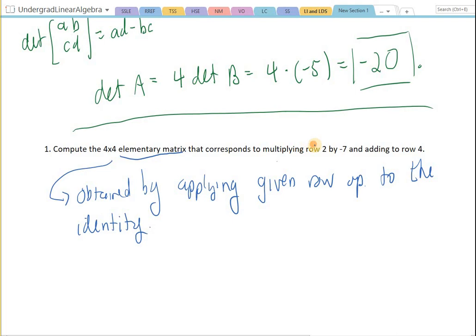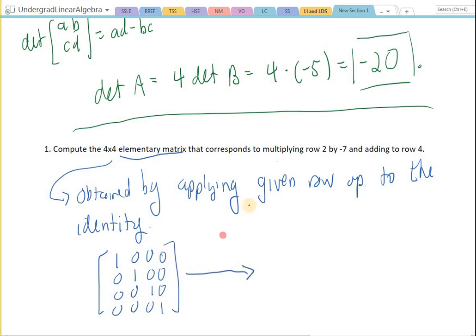Okay, so if here we multiply row 2 by minus 7, that means I take the identity here, and I'm going to do minus 7 R2 plus R4. I'm sorry, not 4R4, just R4 plus R4.